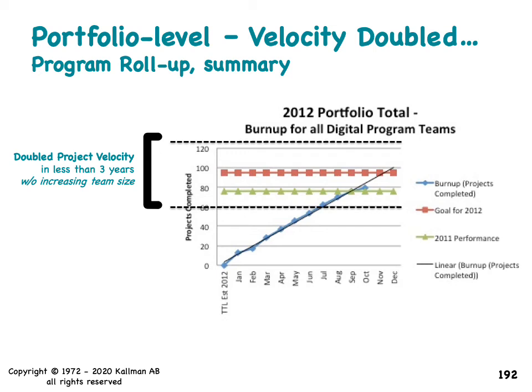That line's not quite in the right place. 2012, we hit 98. And in 2013, which is that upper black line, we hit 124. So we more than doubled the throughput of the projects in the organization in 2.5 years.